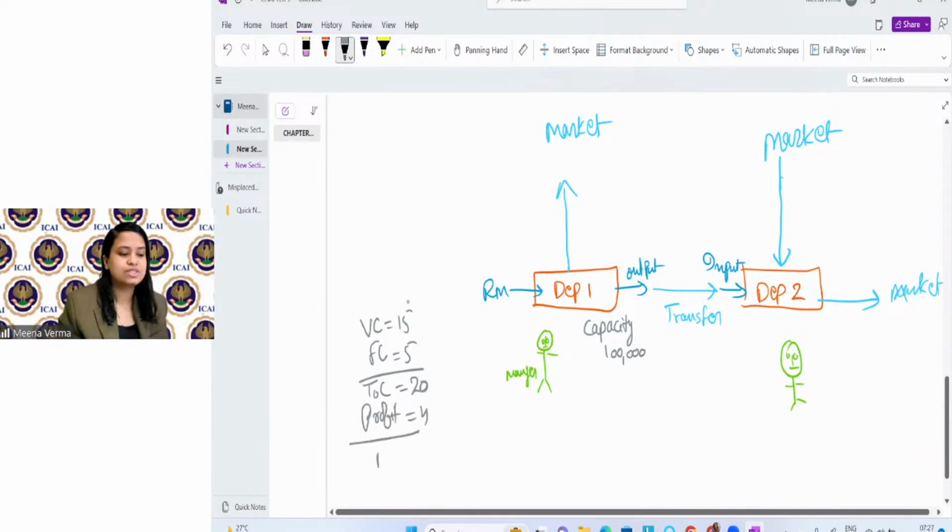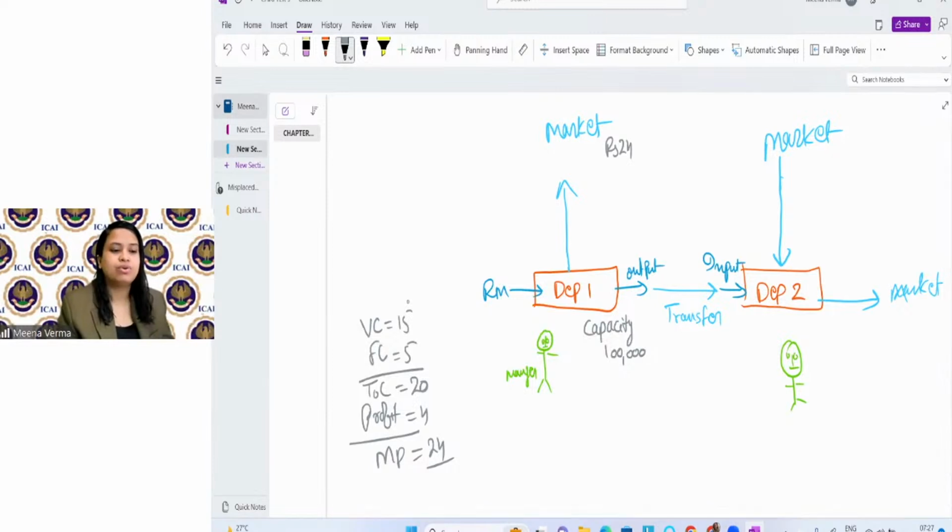So the sale price or market price is 24. They can sell the product in the market for 24. They can buy the same product from the market for rupees 16. Same scenario, I'm assuming.